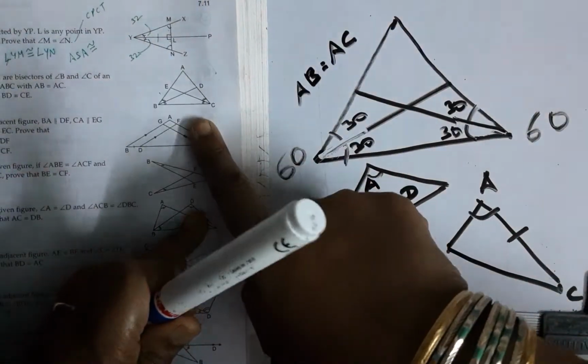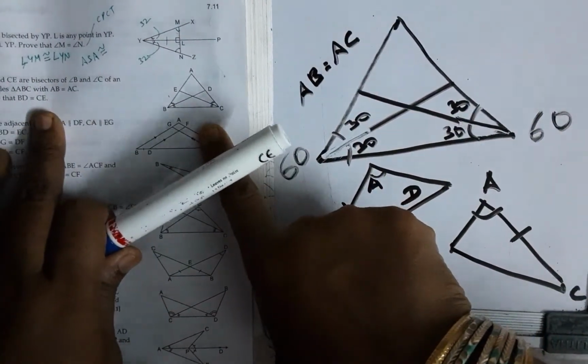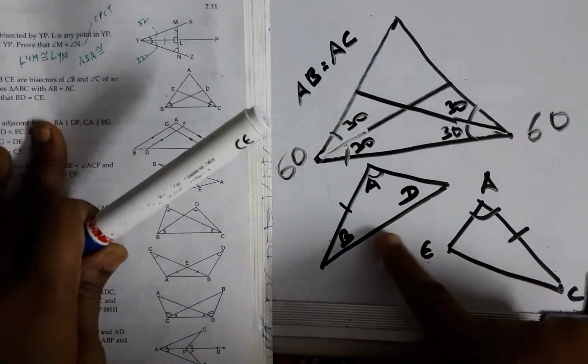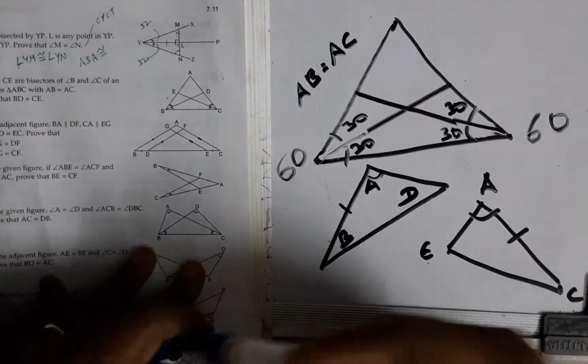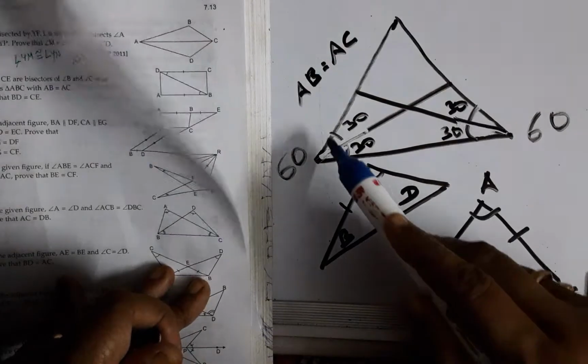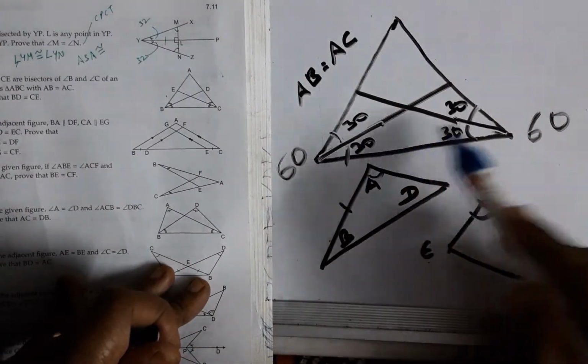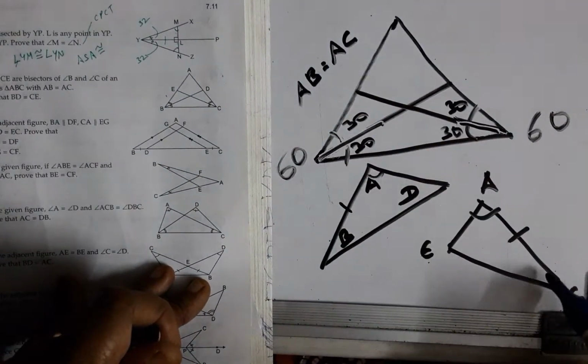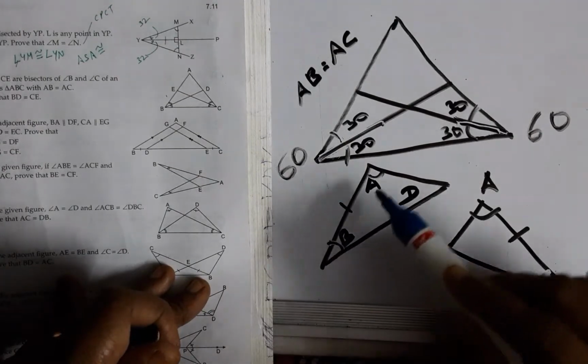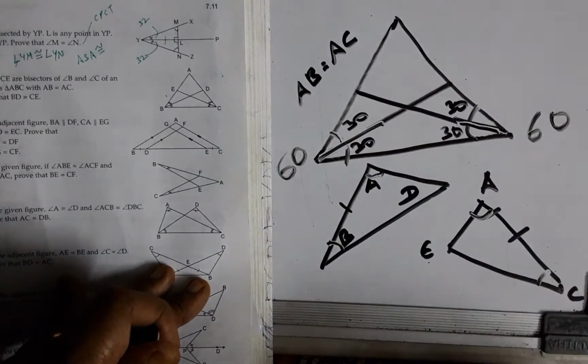And to arrive at the conclusion of BD equals CE, I need these two triangles' congruency. For these two triangles, I have already said that this B is equal to this C. So these angles are equal, and also A is a common angle, and AB equals AC.